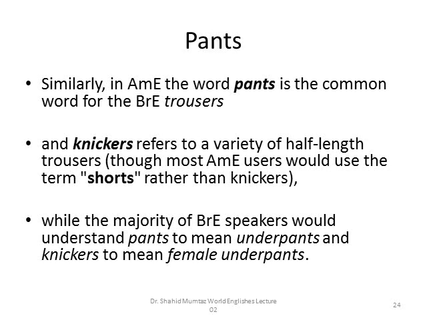So in British they call it knickers, and in American they call it shorts. While the majority of British speakers would understand pants to mean underpants and knickers to mean female underpants.